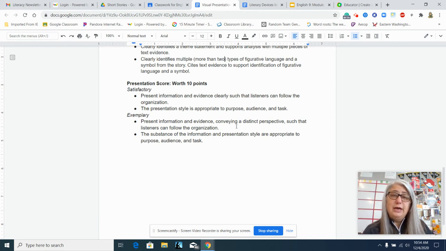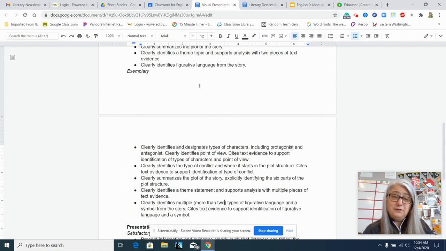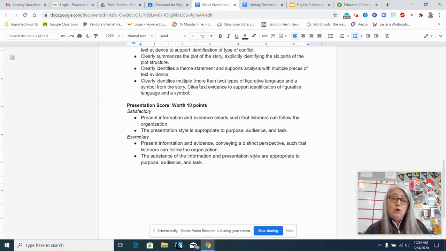When you are sharing the figurative language, are you using figurative language that is most identifiable, or are you finding stuff that's kind of subtle, but it shows that you understand the concept and you can find it? So again, because the exemplary is going beyond ninth grade standards as far as what you have to do in the presentation, you're also going to be including that deeper information as well.